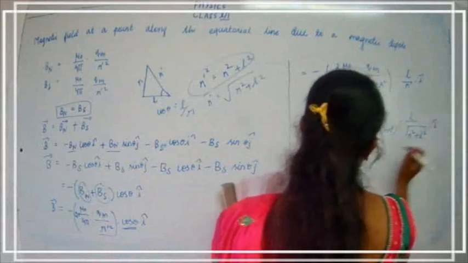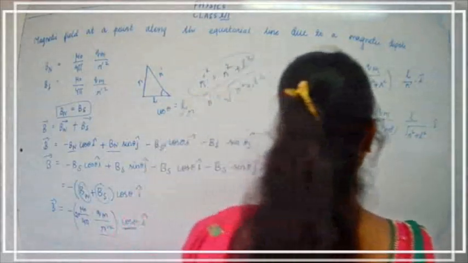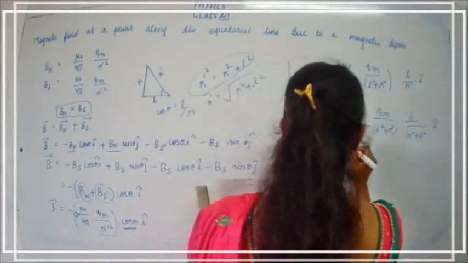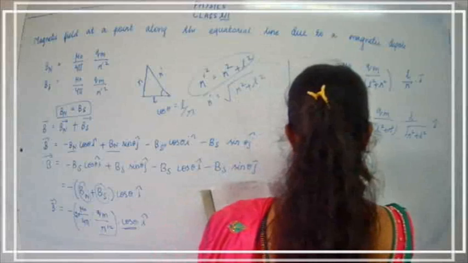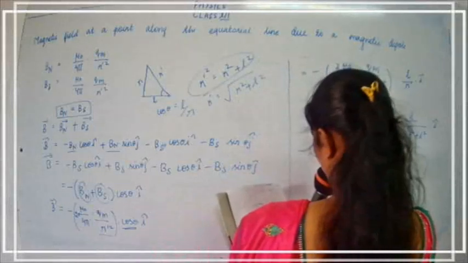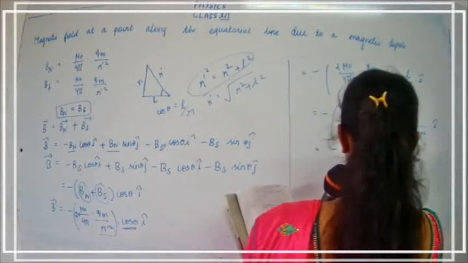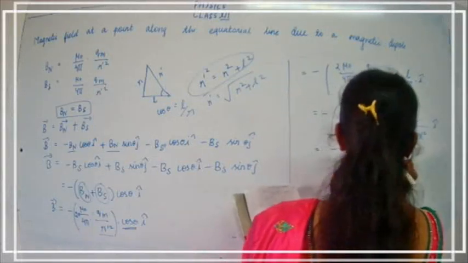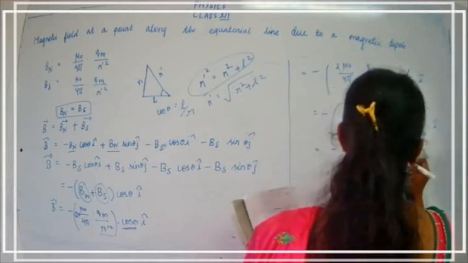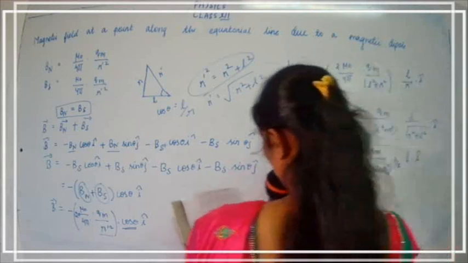So minus 2 mu naught by 4 pi, Qm by L square plus r square whole power 3 by 2, into L into I cap.